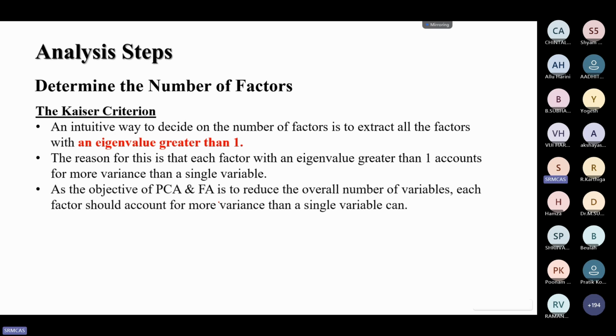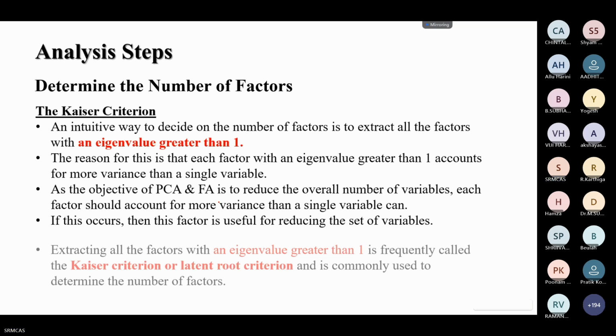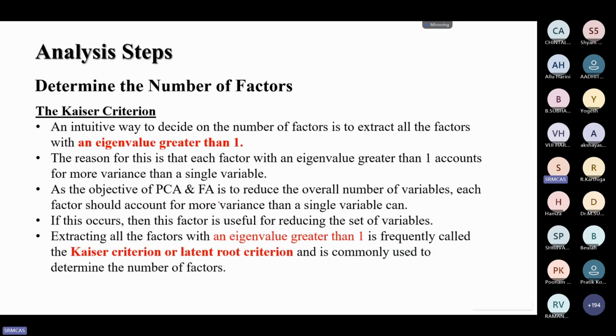As the objective of PCA and FA is to reduce the overall number of variables, each factor should account for more variance than a single variable can. If this occurs, then the factor is useful for reducing the set of variables. So the Kaiser criterion, or latent root criterion, is a commonly used criterion for determining the number of factors.